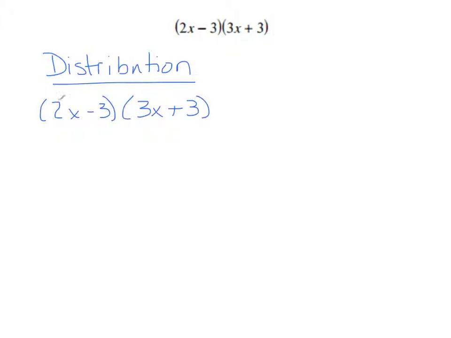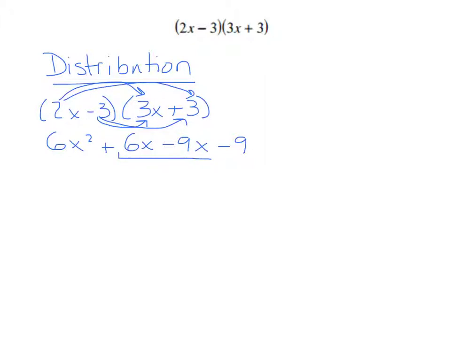Well, let's see, 2x times 3x, 2 times 3 is 6, x times x is x squared. 2x times 3, 2 times 3 is 6, and we've still got the x. Negative 3 times 3x makes negative 9x. Negative 3 times 3 makes negative 9. Combine my like terms, 6x squared minus 3x minus 9.